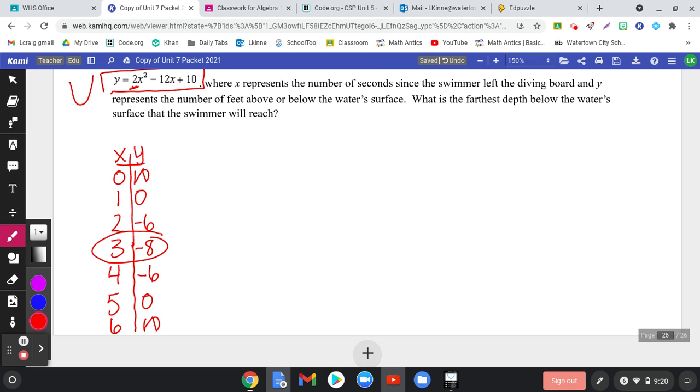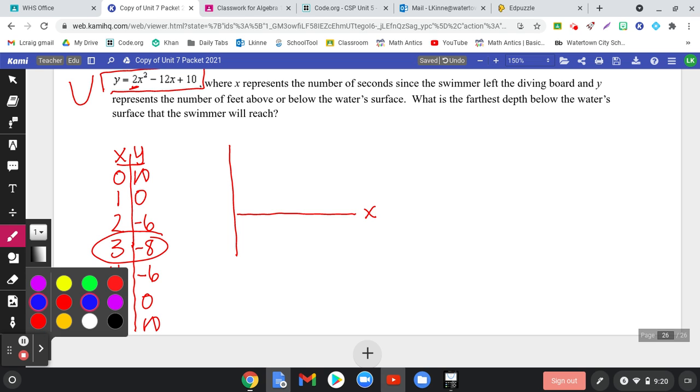But let's sketch this. So here's your x-axis, and that basically is your water. That's the surface. So the y-intercept is 10. That means that's the swim platform.